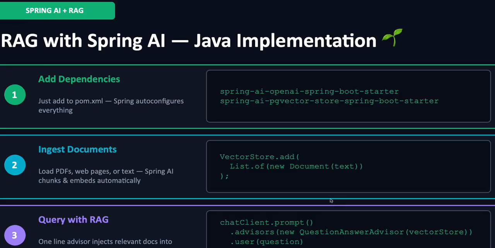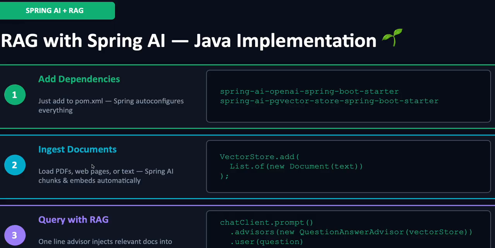Step 1, add the dependencies. Just add the Spring AI OpenAI and Spring AI PG vector to your pom.xml. That's it. Spring Boot auto configures everything. Step 2, ingest your documents.